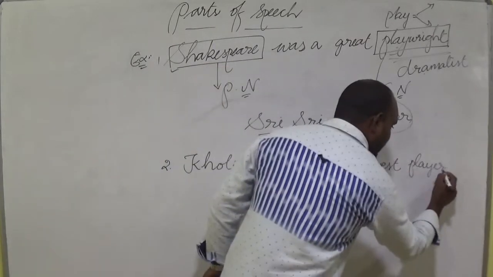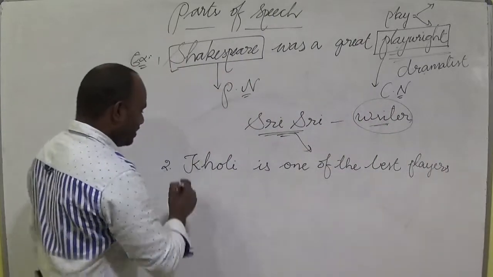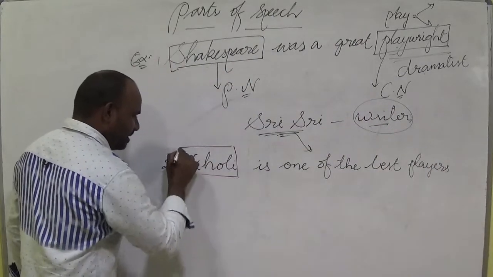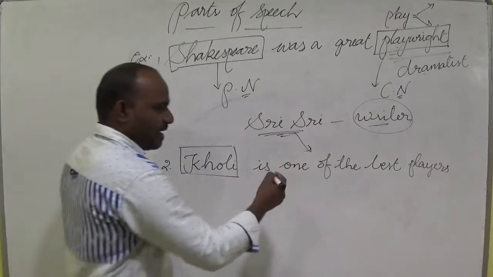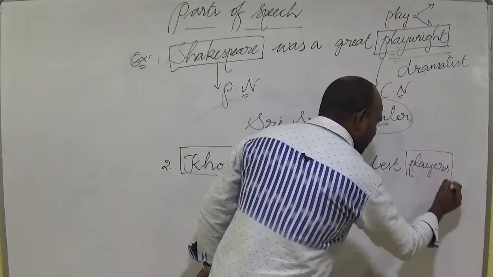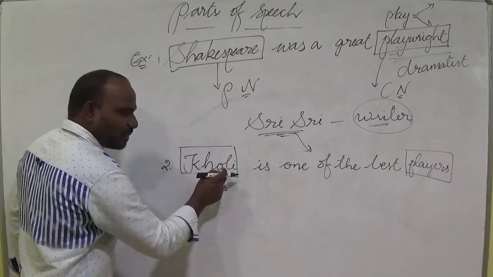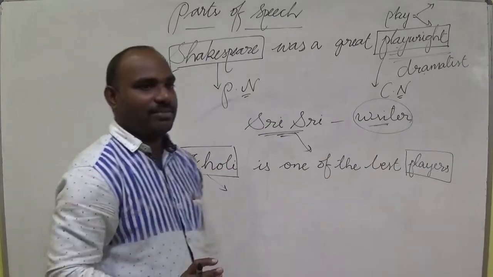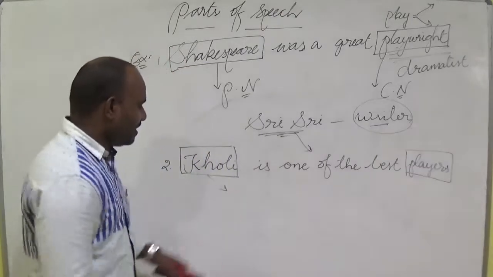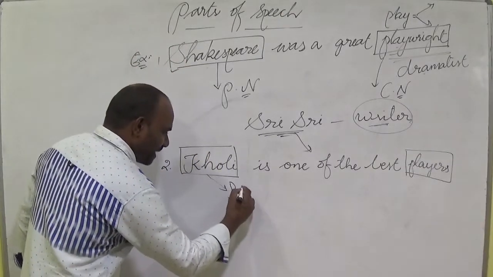Look at this example. We have two nouns in this sentence: Kohli and players. Kohli is a particular name of a cricket player, a specific name. That's why it is called a proper noun.